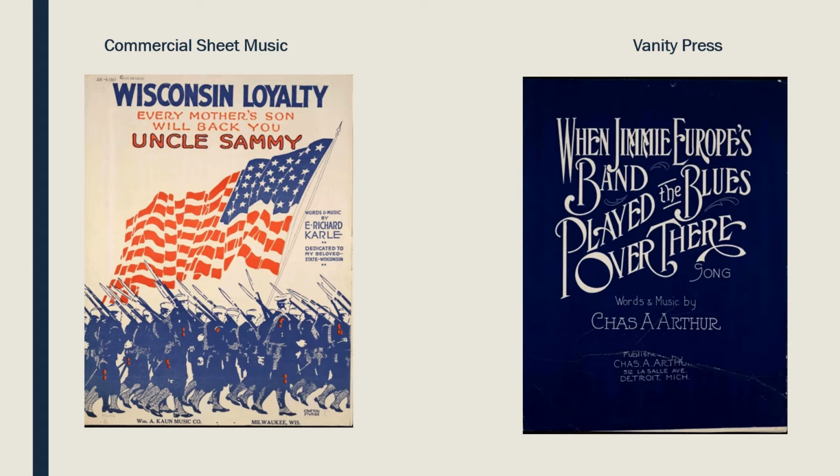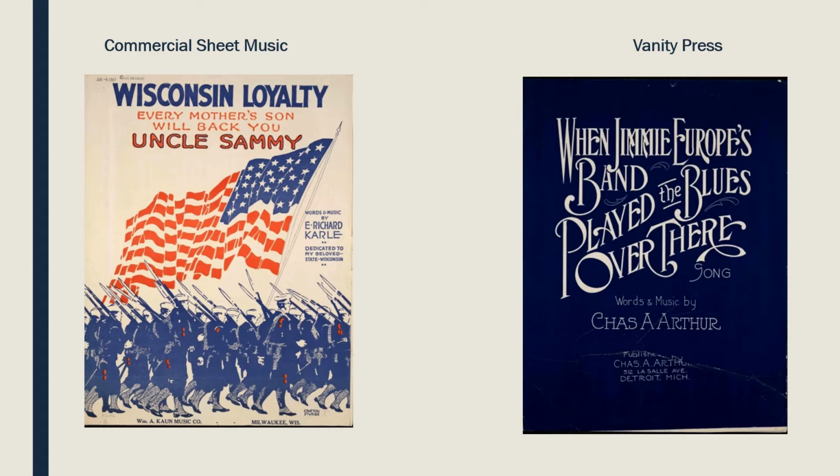That is pretty much if an individual has the money, and if they have either the lyrics or the song or both, they could publish their own song and get a certain amount of copies to hand out to their friends or family, or they could pay someone at a music company to create the song for them and then distribute it.